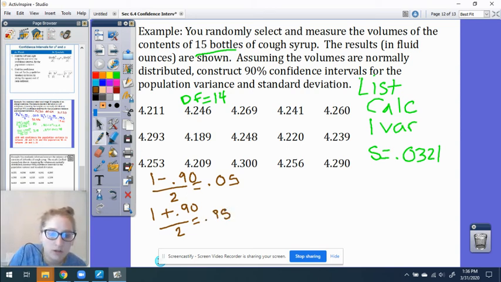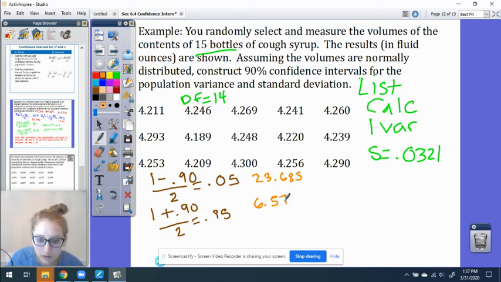All right, and then I'm going to look at my chart, and I'm going to go over to 0.05 and 0.95 respectively, and then go down to 14 for my degrees of freedom. And that is going to give me 23.685 and 6.571.